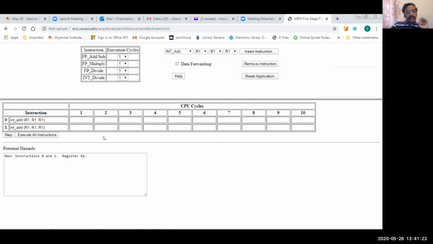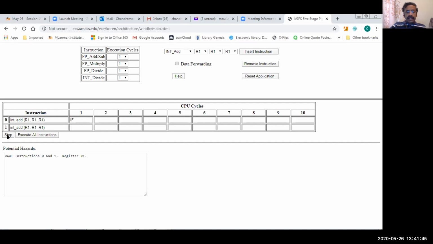The integer add is being executed. Now I want to know what happens when this instruction is picked up. Let us go step by step. I can execute it stage by stage, and it will show whether it is the IF stage, ID stage, and so on. First is IF. The first instruction is fetched.